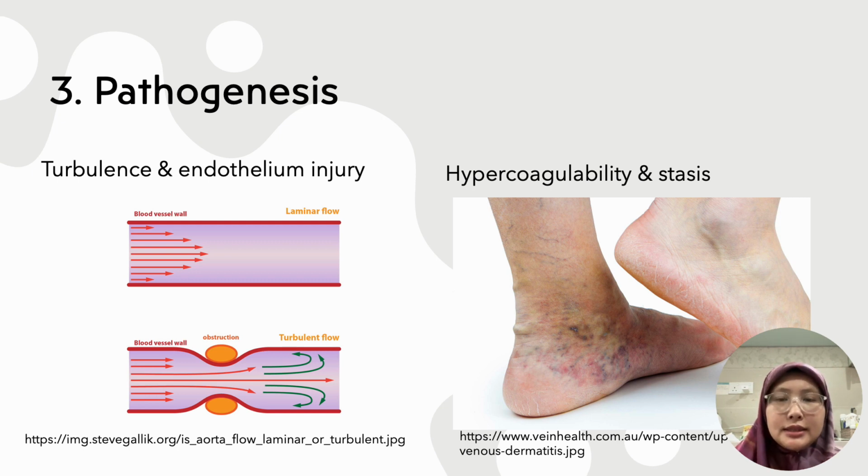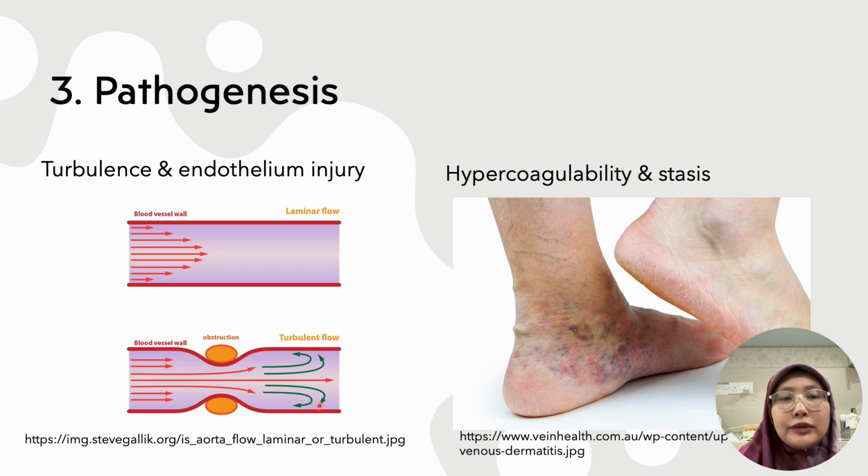The third parameter is pathogenesis. As I mentioned before, in arterial thrombosis the pathogenesis is due to turbulent blood flow and endothelial injury. You can see this is the normal blood vessel with laminar flow, and if there is an obstruction because of atherosclerotic plaques, the blood flow will change from laminar flow to turbulent flow because it is a high shear flow.